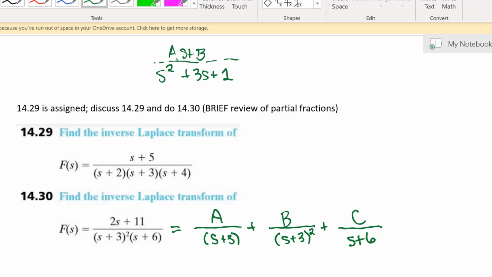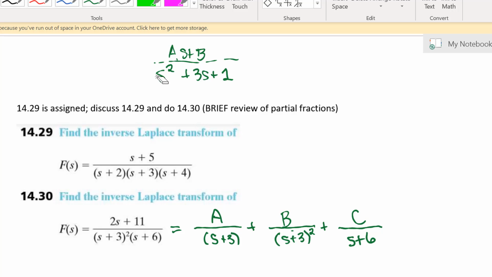So the degree of the numerator is 1 less than the irreducible factor in the denominator. So here, the factor is s plus 3, that's degree 1. So 1 less is degree 0, or just a constant. And here, even though we have something squared in the denominator, the irreducible part of it is s plus 3, which is degree 1.